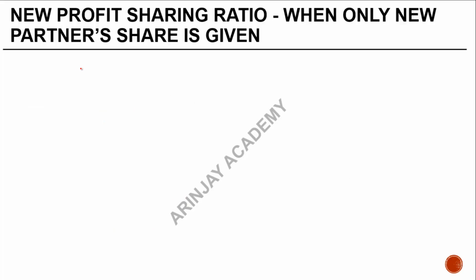Like I said, if Z is going to get 1/5 of the share, the combined share of X and Y in the partnership will be how much? The entire share minus Z's share. Let's assume that the entire share is 1 and Z's share is 1/5 of that.